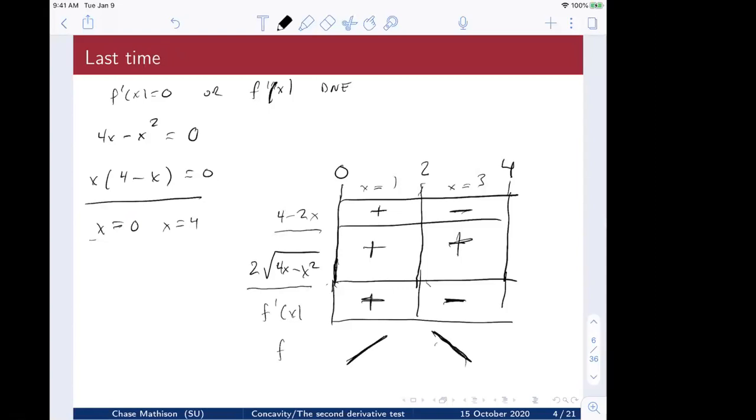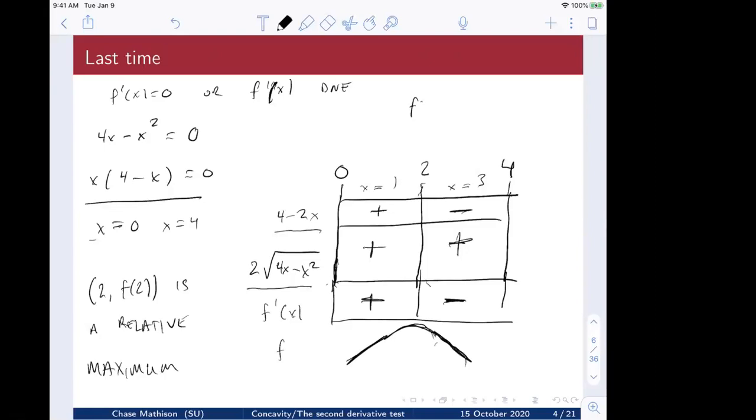So what kind of extreme value do we have at x equals 2? Max. It is a relative maximum. Very good.